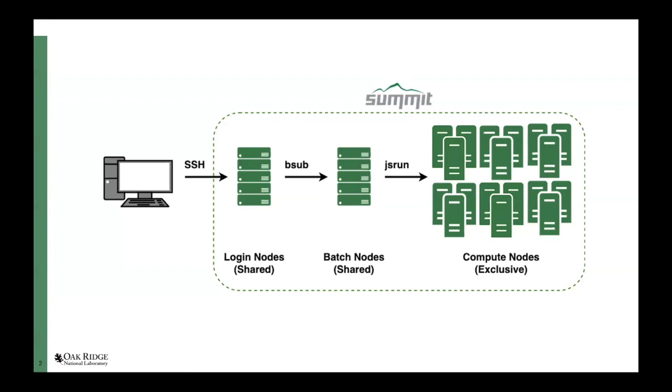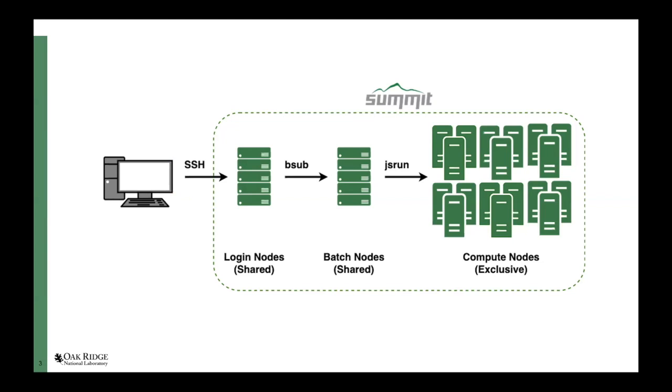So this is our laptop or our computer, and we SSH into Summit, and it places us on one of the shared login nodes. Those login nodes are, as we discussed, where you will compile, create directory trees, and submit your batch jobs.